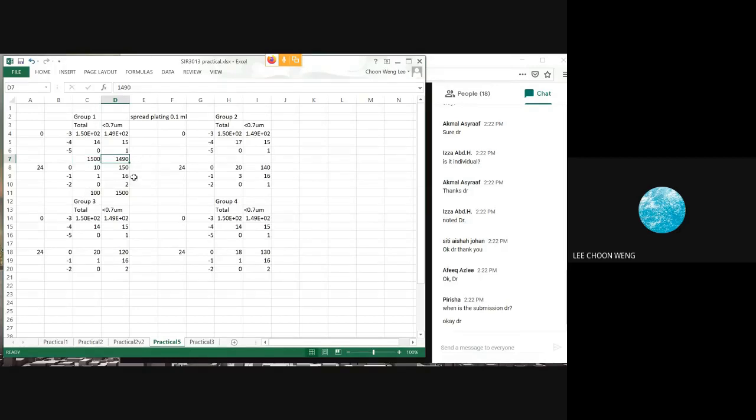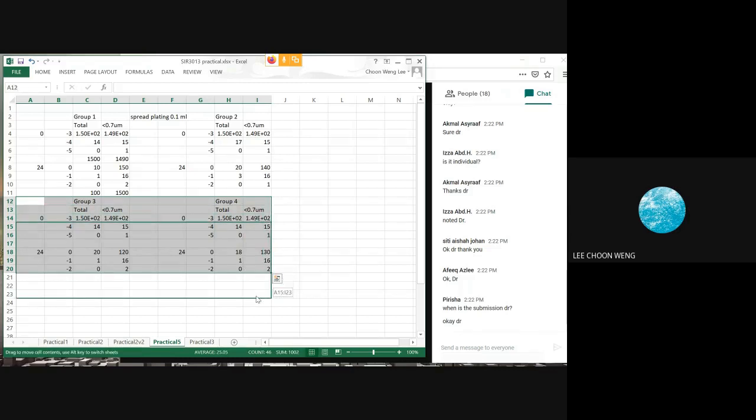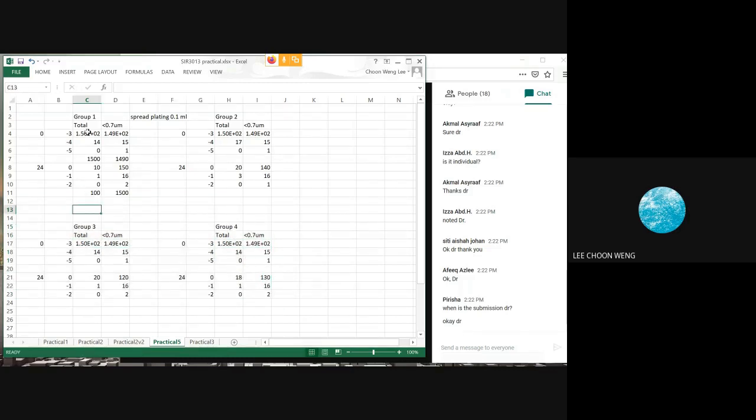So for total, the difference is it decreased from 1500 to 100.